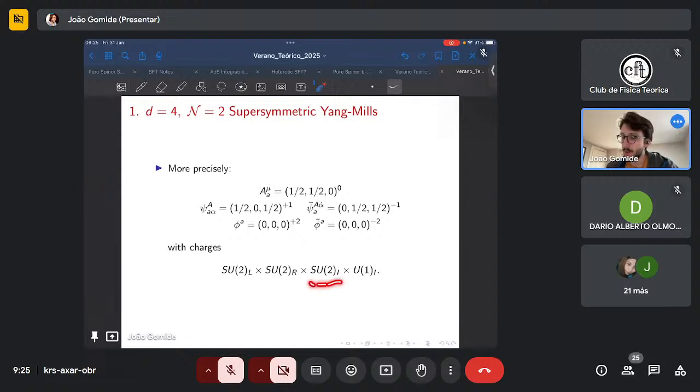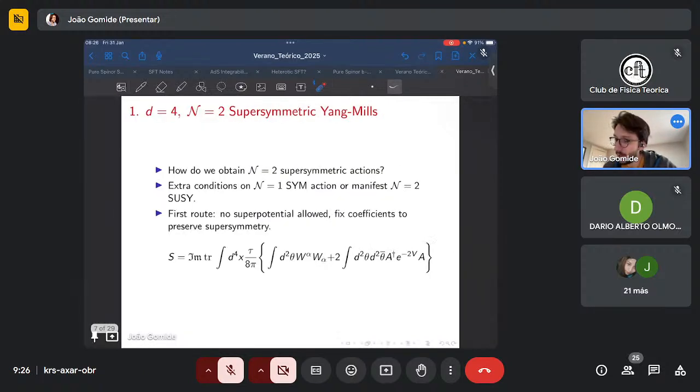This SU(2) times U(1) rotates the two supersymmetries in the theory. So it exchanges one for the other, and under this R symmetry, the psi's are a doublet, so they turn into each other.